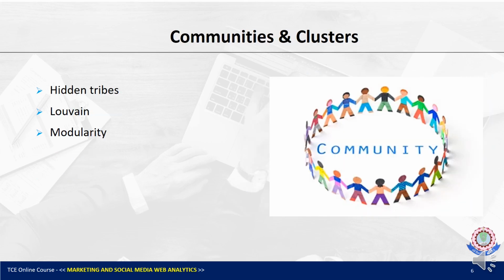Communities and clusters. Communities or clusters represent groups of nodes that are more connected internally than externally. Detecting them helps identify customer segments, interest groups, and behavior-based clusters. Algorithms like the Louvain method and modularity optimization help detect these communities.